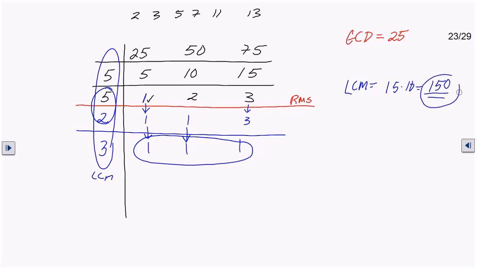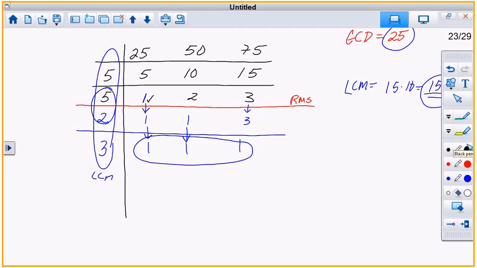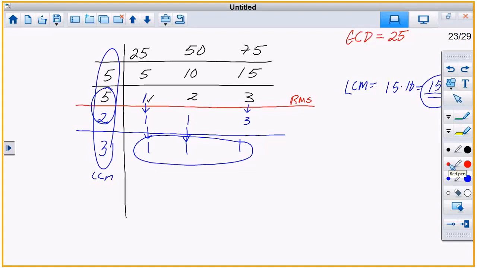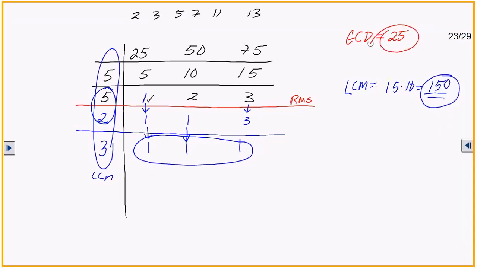So 150 is the smallest number that 25, 50, and 75 will what? Go into. Now, that's how you do the greatest common divisor and the least common multiple.